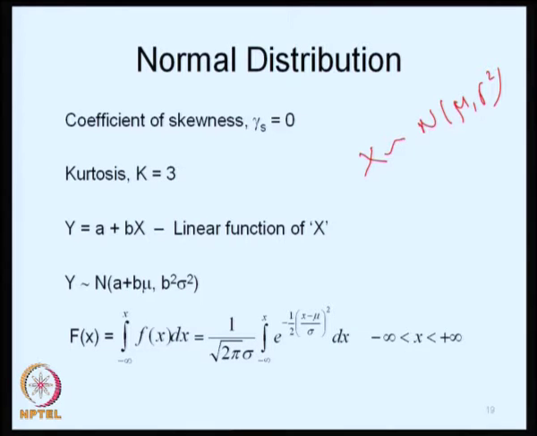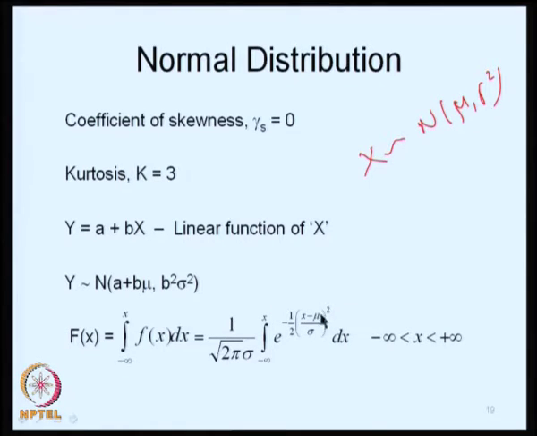Now, if you have a sample and you have obtained the sample estimates for mu and sigma, then you should be able to get the F of x, because your small f of x is completely defined in that case, and therefore, you should be able to get F of x if you are able to integrate this between minus infinity to x.